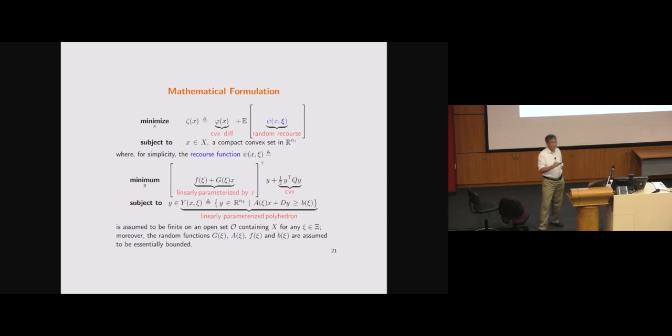But how is that related to convexity or concavity? It turns out that every piecewise linear quadratic function is a difference of convex functions. So this value function is the difference of two convex functions in X.